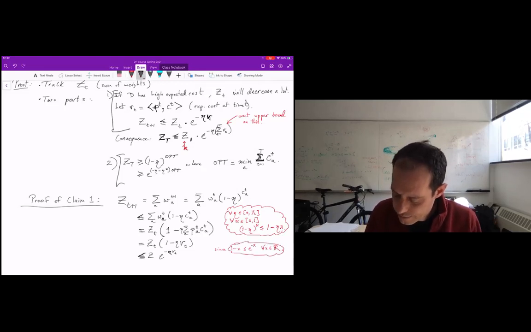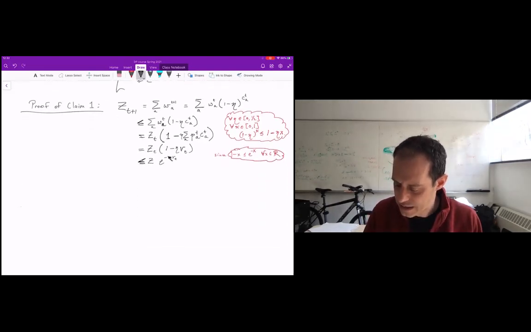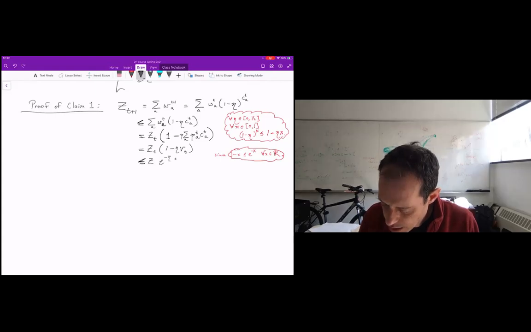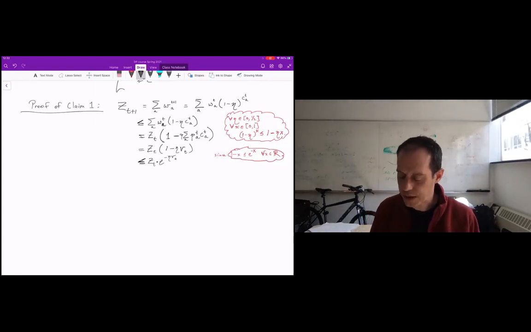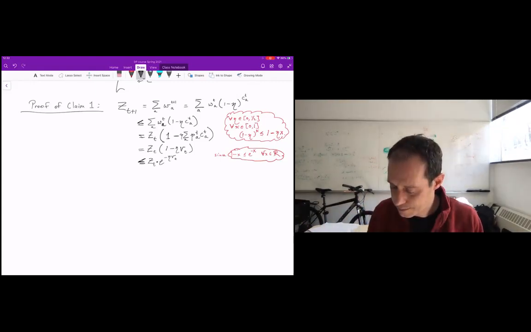So by putting everything on this form, we managed to take this sum and get it into a form where we could add across the entries, across actions. And that allowed us to get this clean multiplicative bound on how much Z_t is shrinking.